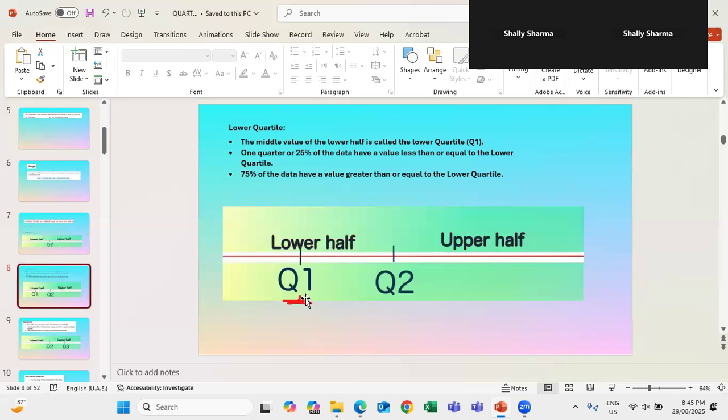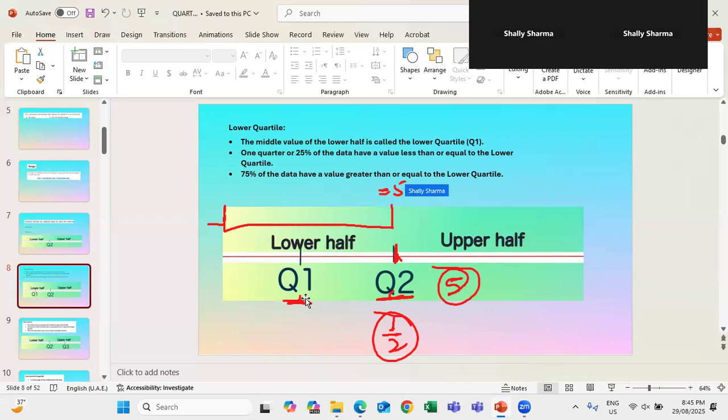This Q2 is basically half of the data set. So whatever is the value of Q2, let's say when I find out the Q2, it comes out as 5. That means all the values in the lower half of data will be equal to 5 or less than 5, because the data is arranged in ascending order. So it can be like this: 1 2 3 4, or it can be 1 2 2 3 4.